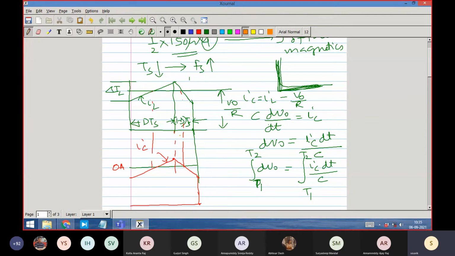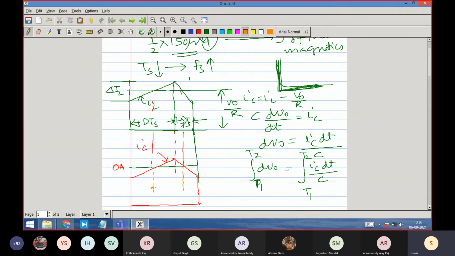You can take a color here. I can qualitatively draw, because here you see the current is positive. The current is positive means the capacitor is effectively charging. Whatever may be its initial voltage, let's say its initial voltage is at this place, since this current is positive up to this duration, the peak ripple must have reached here.